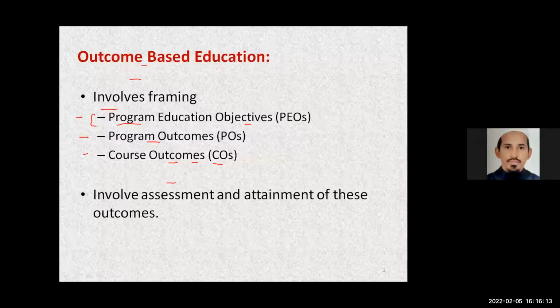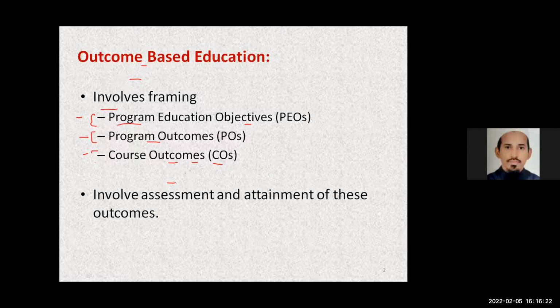The program outcomes are the abilities which a student has to acquire at the end of the course, like B.Pharm or engineering. And course outcomes, one has to achieve at the end of the course. So there is an involvement of assessment. We have to assess the course outcomes and the progress in program outcomes, and then we have to calculate the attainment. So this is what outcome-based education is.